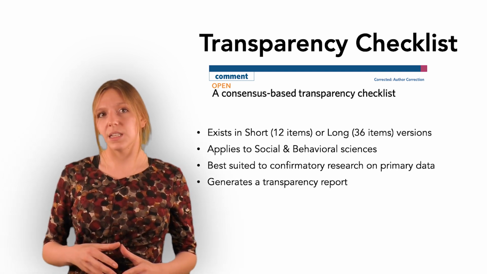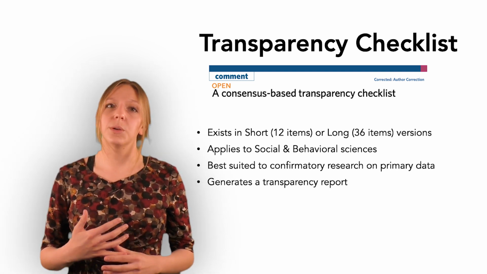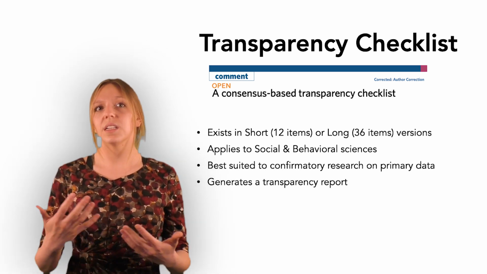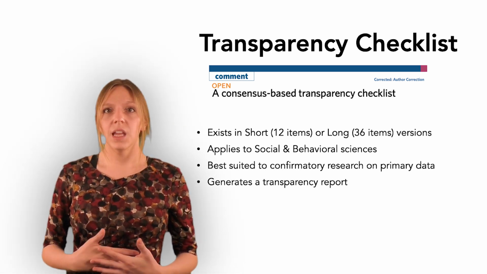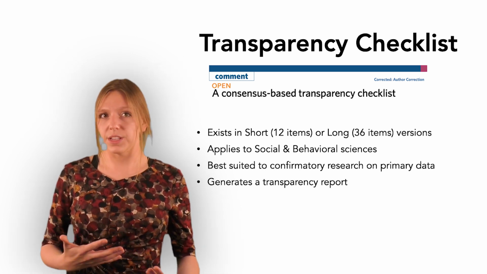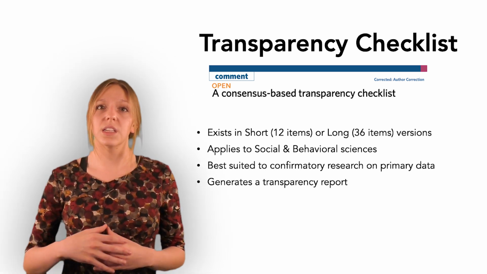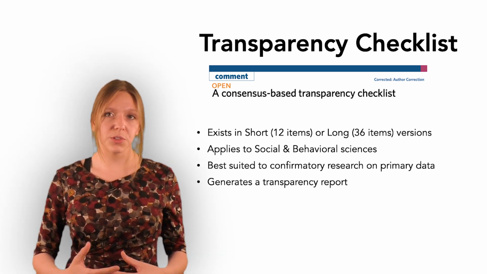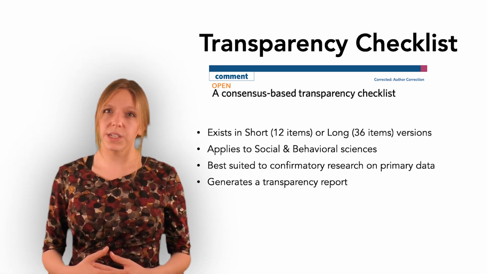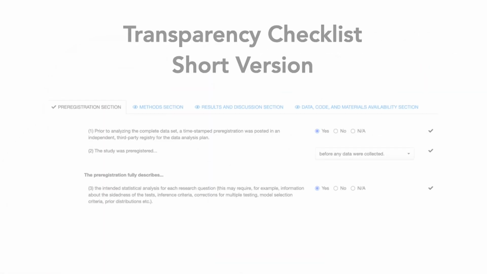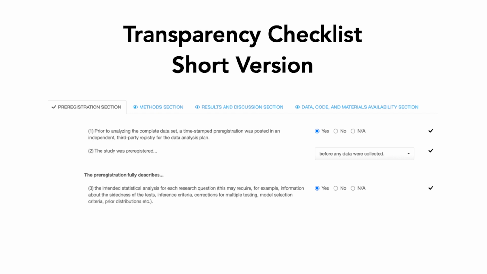Primary data means data that were collected by researchers directly from main sources through interviews, surveys, experiments, etc. Even if it is best fitting one given type of report, it can still help to look at it and consider what could be used for different types of research. It also generates a transparency report which sums up all your answers. So let's have a look at the short version of the transparency checklist.